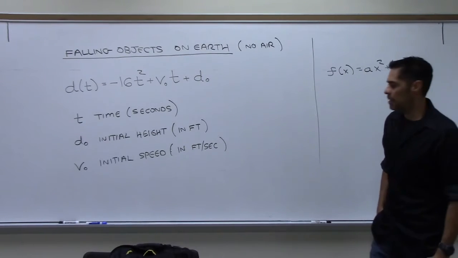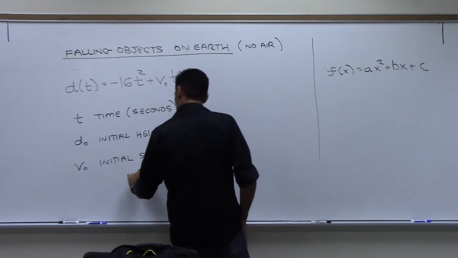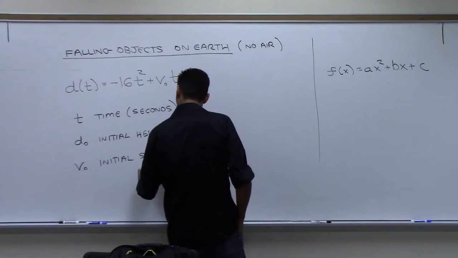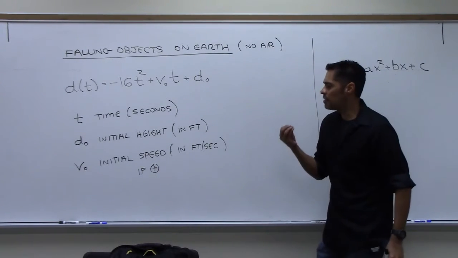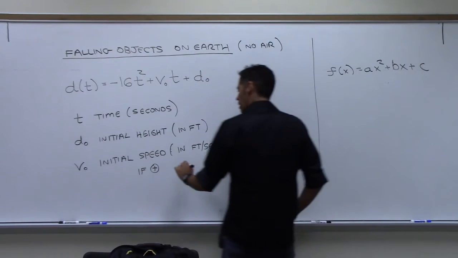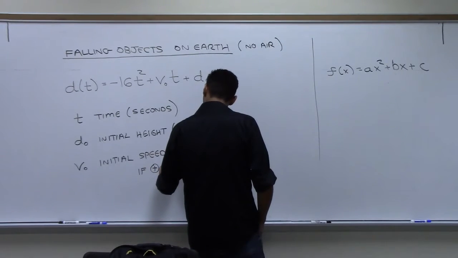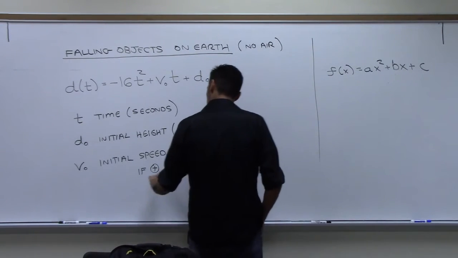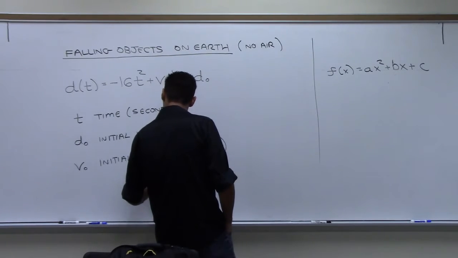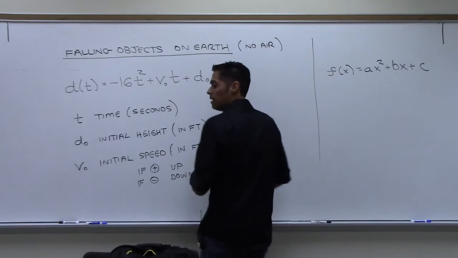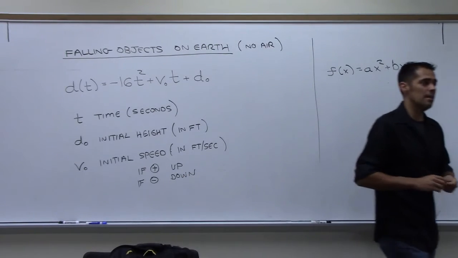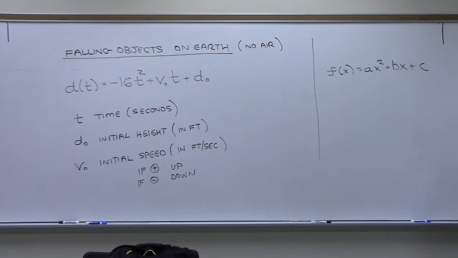And I have to add something to this. If positive, so I'm putting a little plus symbol with the circle around it to represent positive, if it's a positive number, then it's up. If it's a negative number, it's down. Now let me explain what I mean by that, because that is usually confusing to students.